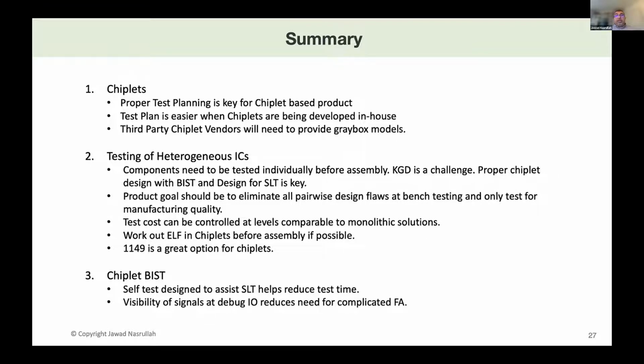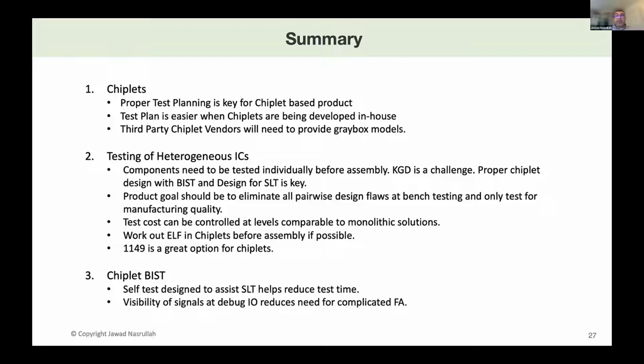So the testing of heterogeneous IC, like I said, SLT is the key. Known good die type of incoming components is a challenge because they're known good for something but may not be for everything.